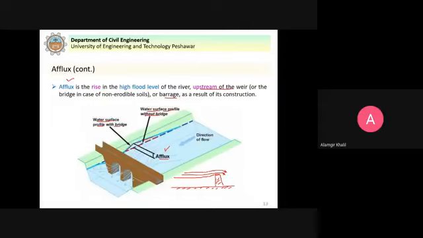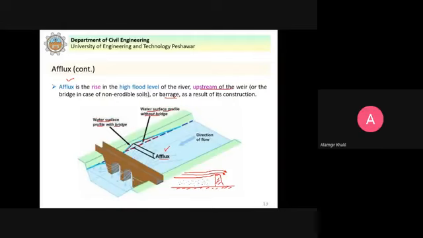Now what happens is that the construction of a weir or a barrage across a river channel disturbs the regime of the river. How? The slope of the river upstream of the weir or the barrage flattens. Because of this ponding, the sediments which are carried by the water of the river will be deposited here.